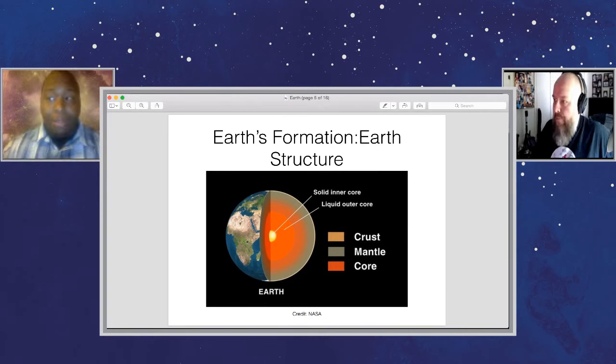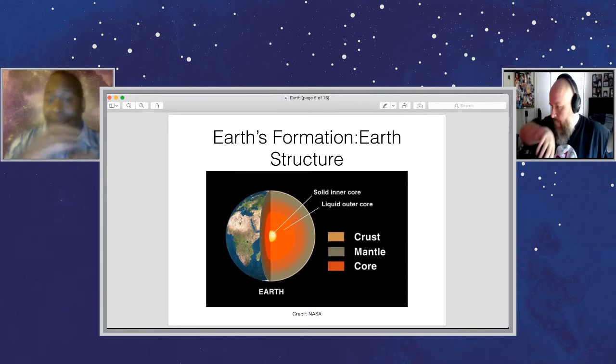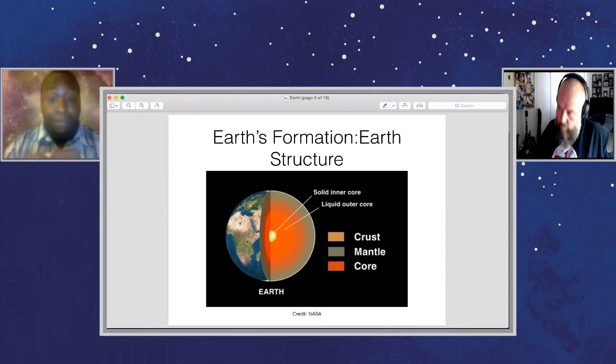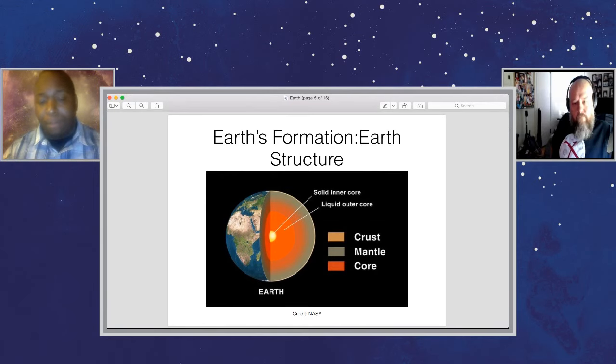This transformation of gravitational potential energy on the smaller piece of rock into kinetic energy, and then once they collide, a great deal of that kinetic energy is transformed into heat from the collision. This is a nice heating mechanism that goes into why part of the center of our Earth is liquid.